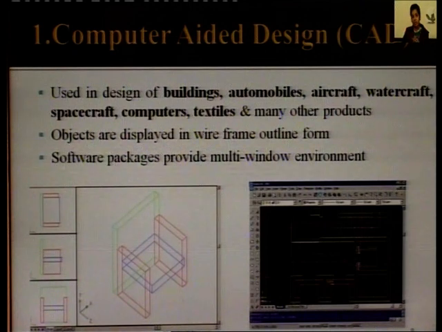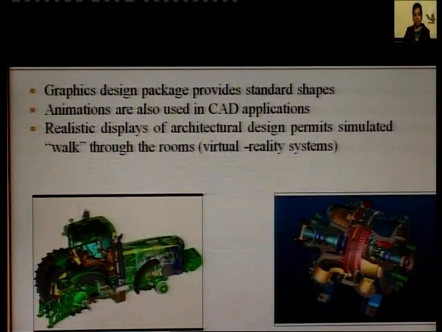We can design a wireframe model in CAD. This is also an example of computer graphics. Software packages provide a multi-window environment. So this is a wireframe model. Like if you want to design a wireframe or internal working of any machine, that is also done with the aid of CAD.